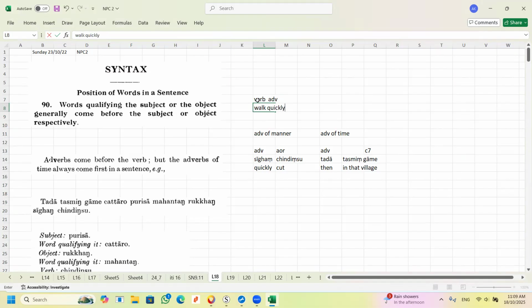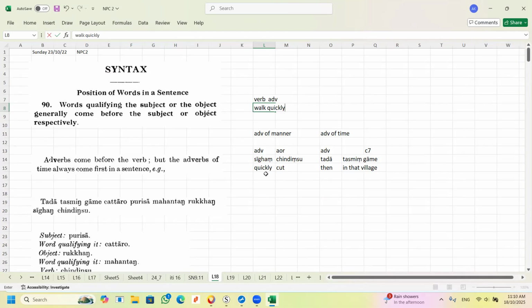That is English, walk quickly. Whereas in Pali, the adverb is in front, a reversed order. For instance, the word is quickly cut. In Pali, quickly cut, translated in English.